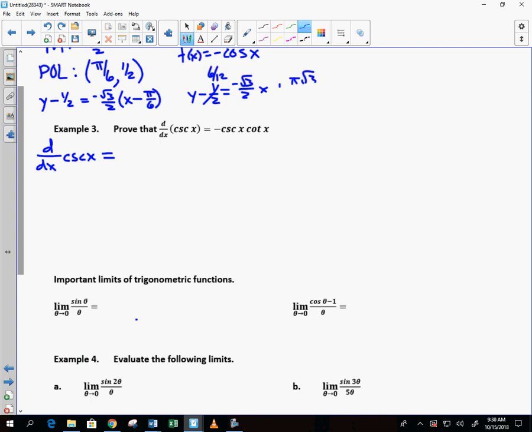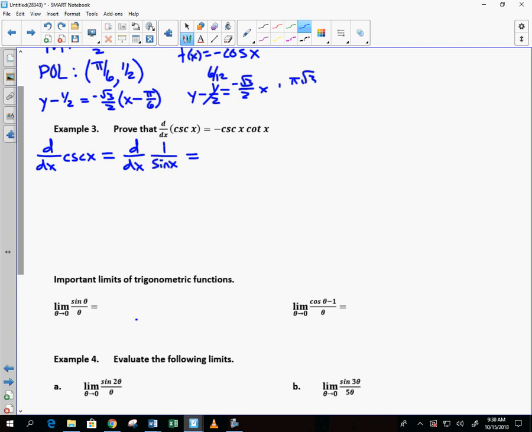Instead of doing the derivative of cosecant, I'm going to do the derivative of 1 over sine of x. What rule could I use to find the derivative of 1 over sine of x? I could use the quotient rule. If I'm going to use the quotient rule, that means I take the derivative of the top.